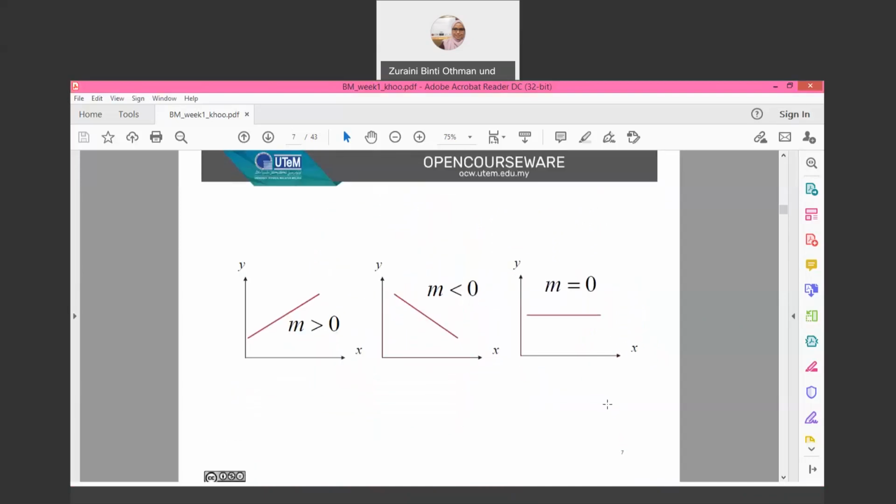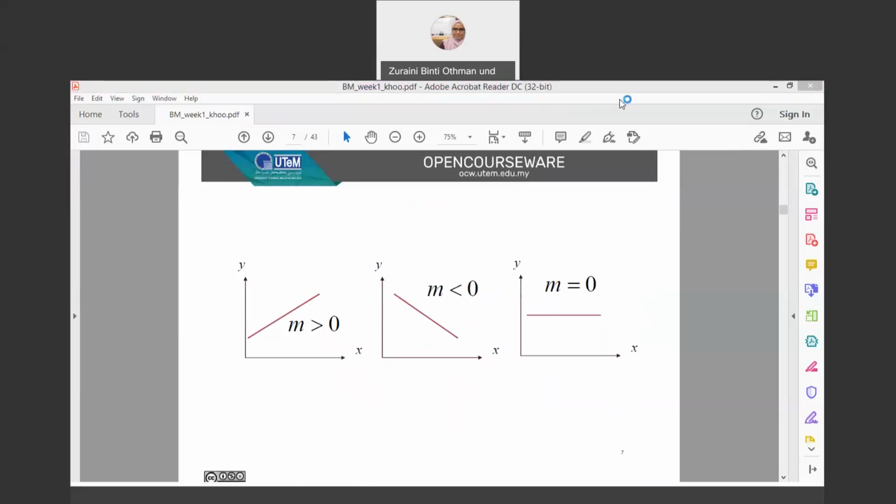Next, this is the situation where the slope m, the gradient, the kecerunan is greater than 0, which means it increases. When it is less than 0, it will decrease. When it is equal to 0, it is a horizontal line. Why is it a horizontal line?